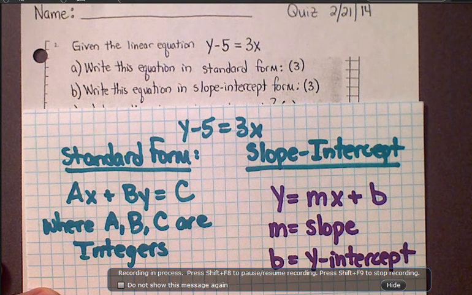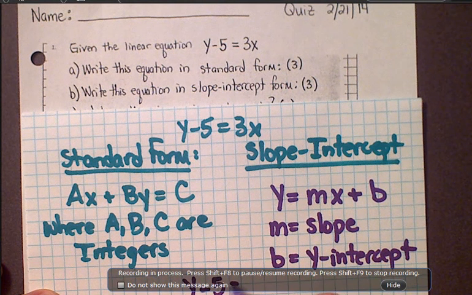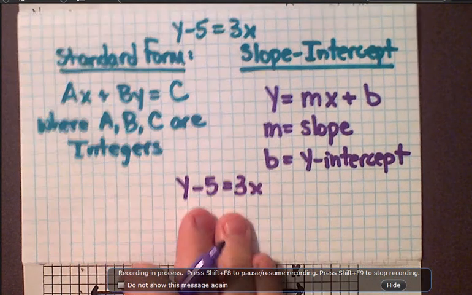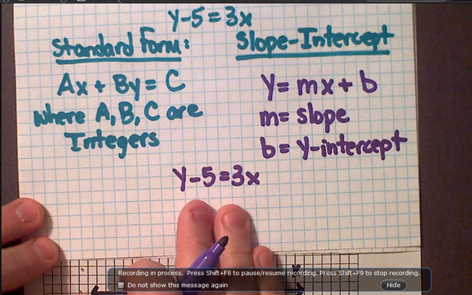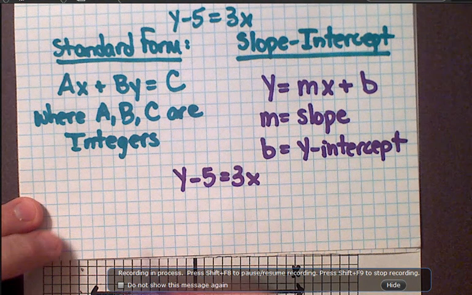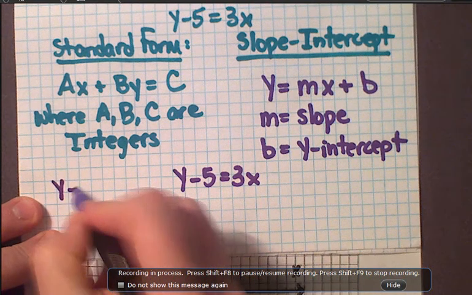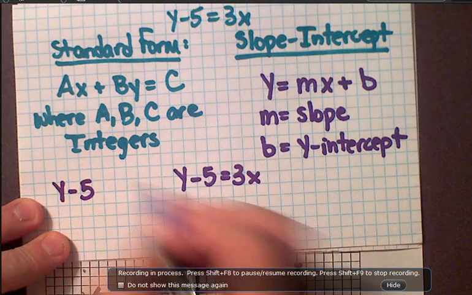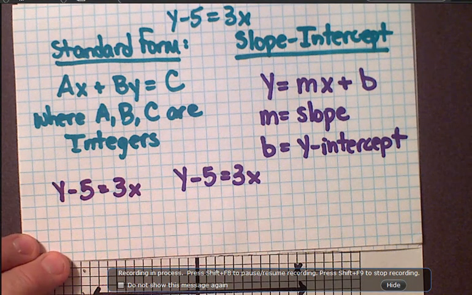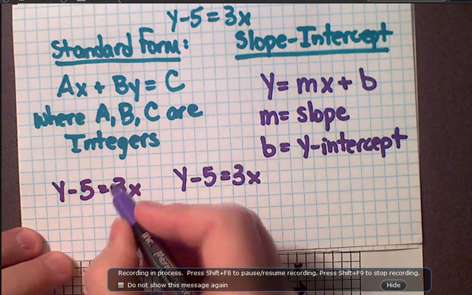So taking a look at our equation once again, y minus 5 is equal to 3x. The first thing we had to do was get that equation in standard form. So what we would do is try to get the x's on the same side of the equal sign and get that constant over on the other side.